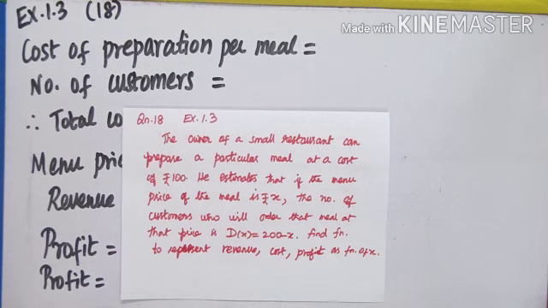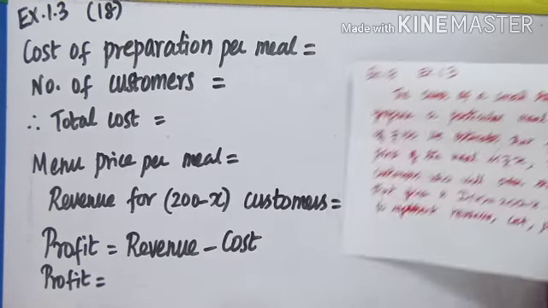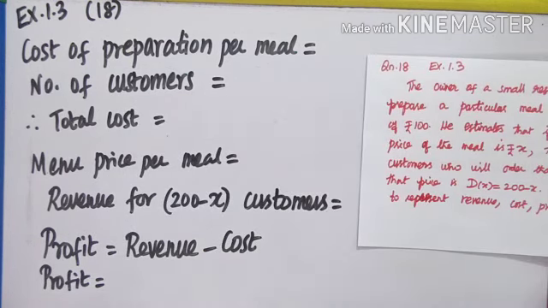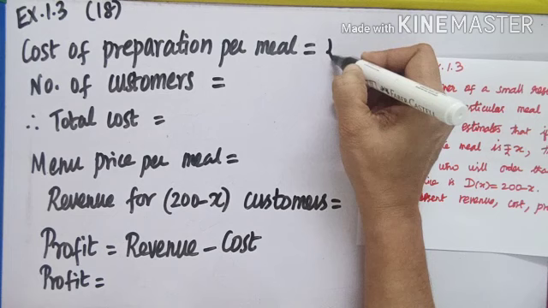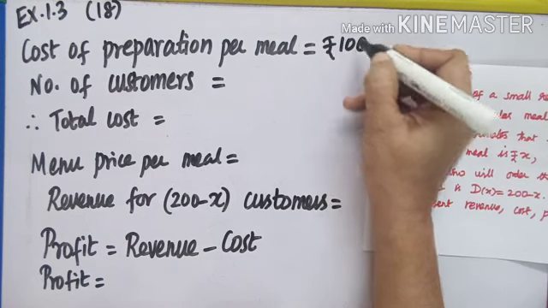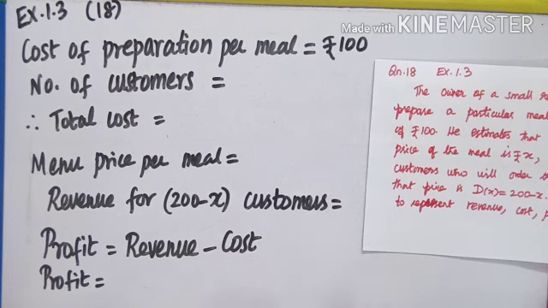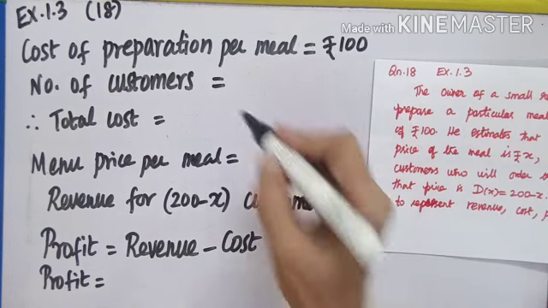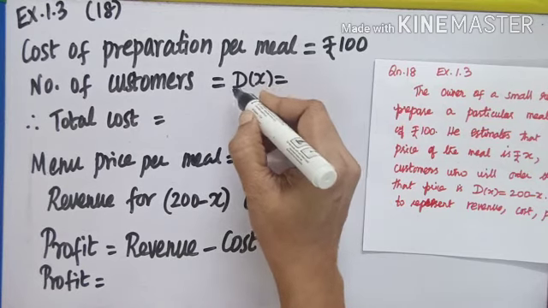Find the function to represent revenue, cost, profit. So what all we have seen, let us fill it up. First one, cost of preparation. They have said 100 rupees. So per meal, that is one meal to prepare, he needs 100 rupees. How many customers are given? That is given as D of X. D stands for demand.